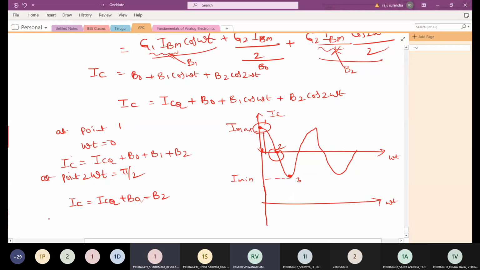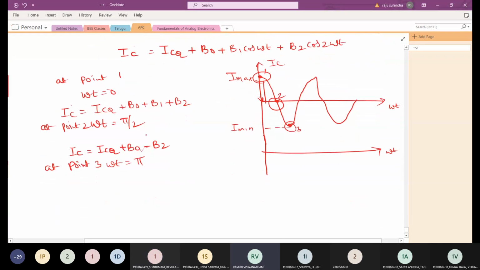At point 3, omega t is equal to pi. Now IC is equal to ICQ plus B0 minus B1 plus B2.